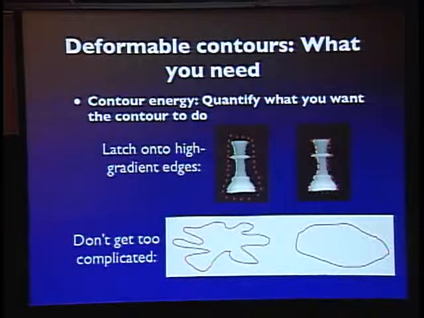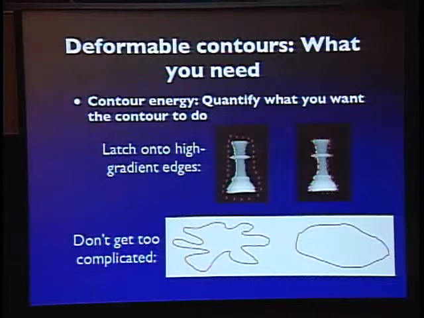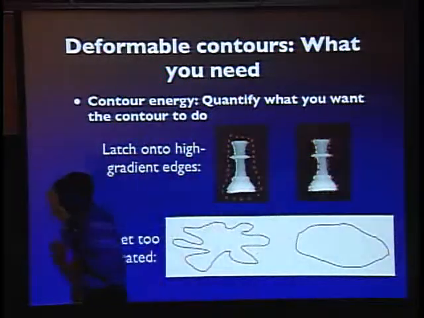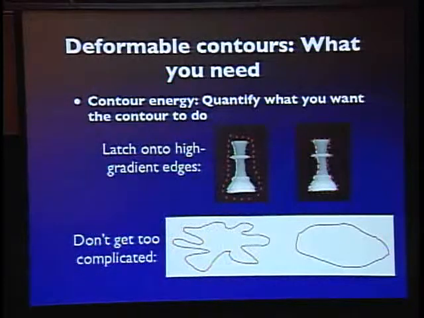So one simple way to think about this is that a rubber band is a boundary in some sense. And if you stretch the rubber band, it has more potential energy in it, right? Because you have converted the kinetic energy of you pulling into the potential energy that's stored in the elasticity of the rubber band, right? So a stretched out rubber band has higher energy, and a not stretched out rubber band has lower energy. So you can think about that maybe as your analogy for what I mean by an energy associated with a contour.